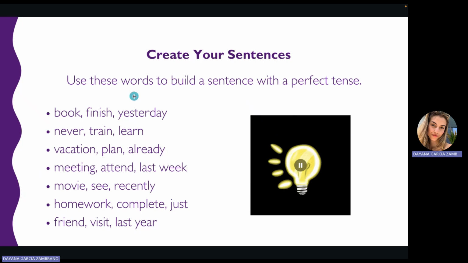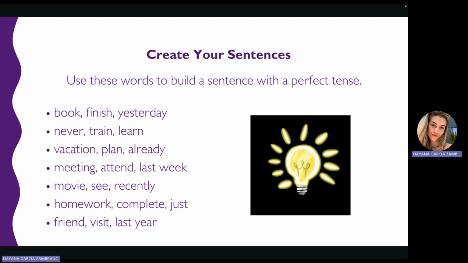After the explanation, we have a really short activity where they need to write sentences. It says use these words to build a sentence with a perfect tense. So they get random words, like who, finish, or yesterday, and they need to complete the sentences using perfect tense.